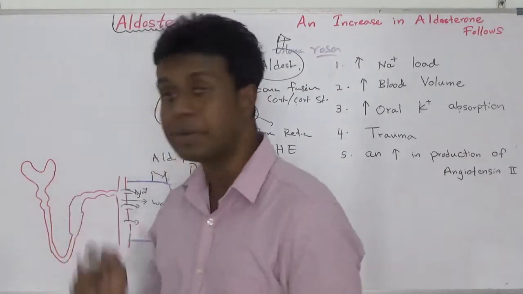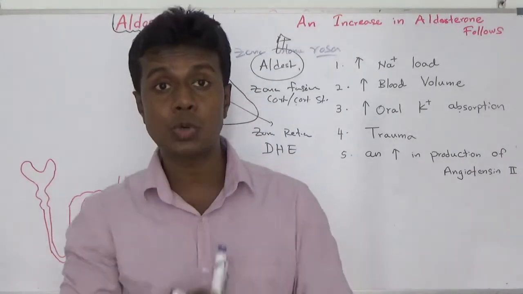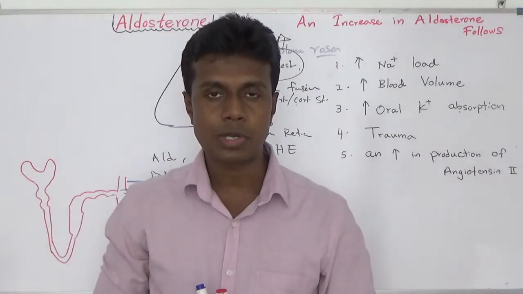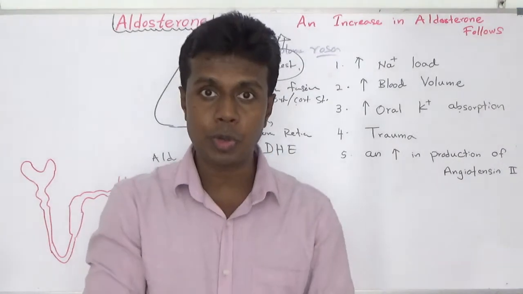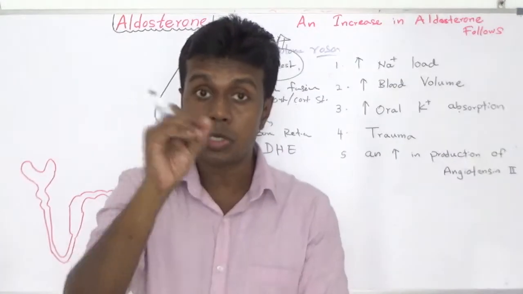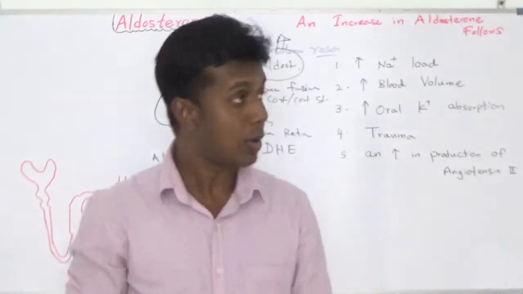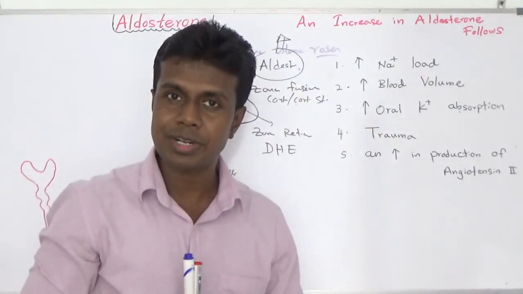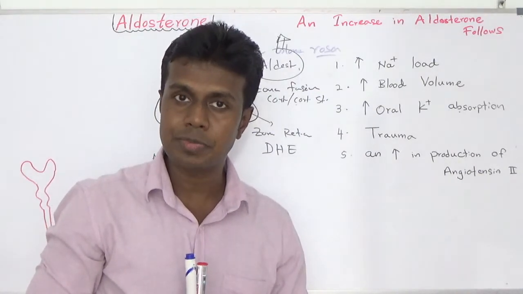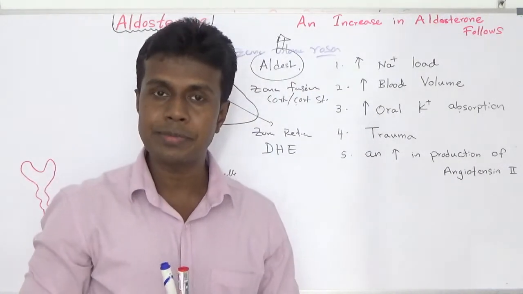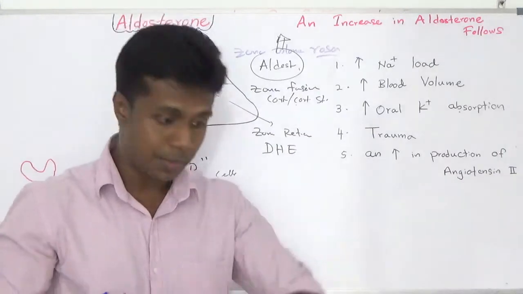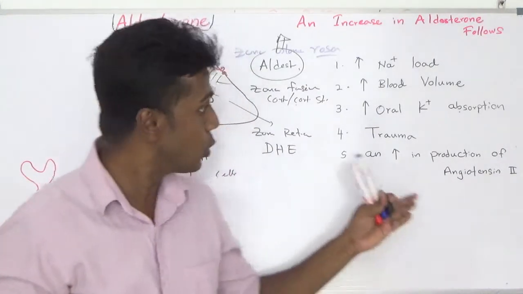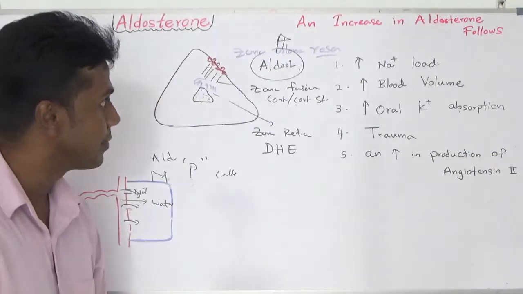Not only principal cells: in your GI cells also, sodium and water reabsorption is done by aldosterone. Your sweat gland also secretes sweat, and that sweat contains sodium and water. Your aldosterone thinks, there is no point in removing that sodium and water, I should reabsorb it. That reabsorption is also done by aldosterone, from sweat gland, GI gland, and nephrons.